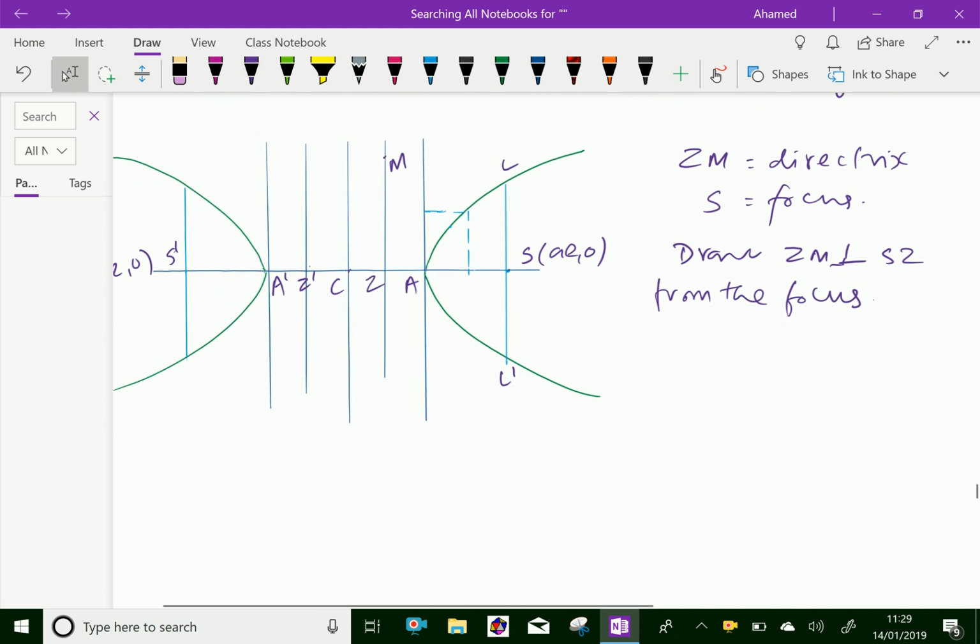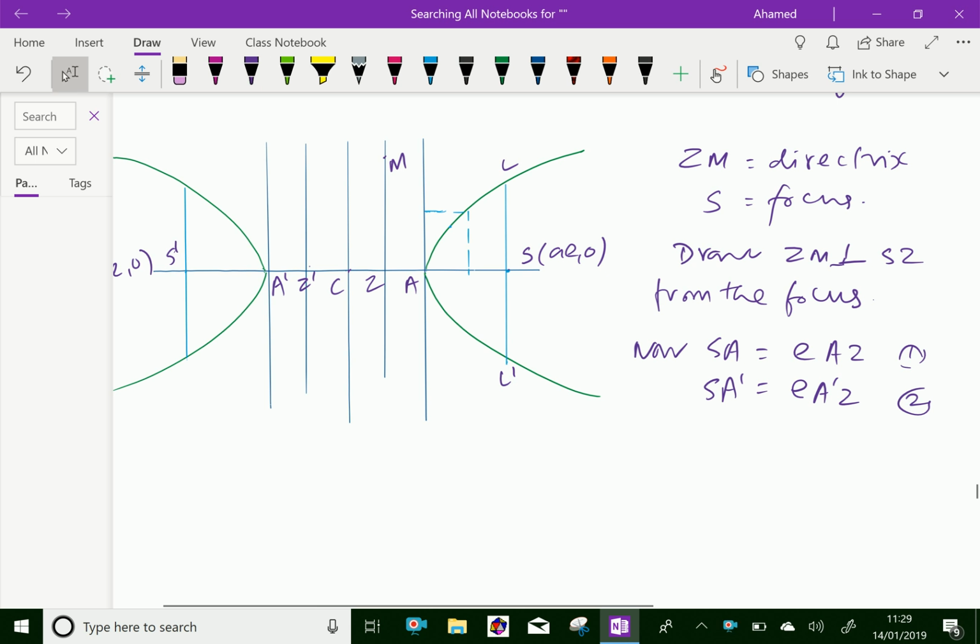Now SA equals e into AZ by definition, as well as SA dash equals e into A dash Z. Let it be 1, and this be 2.